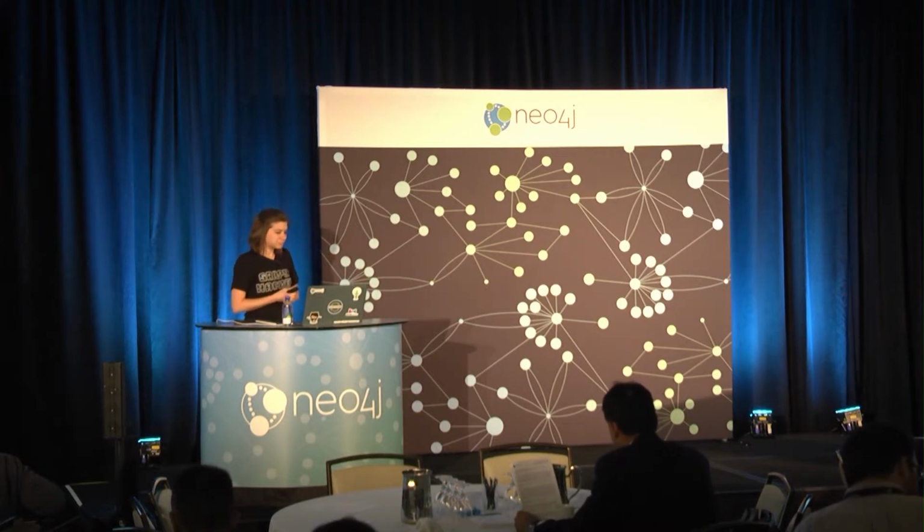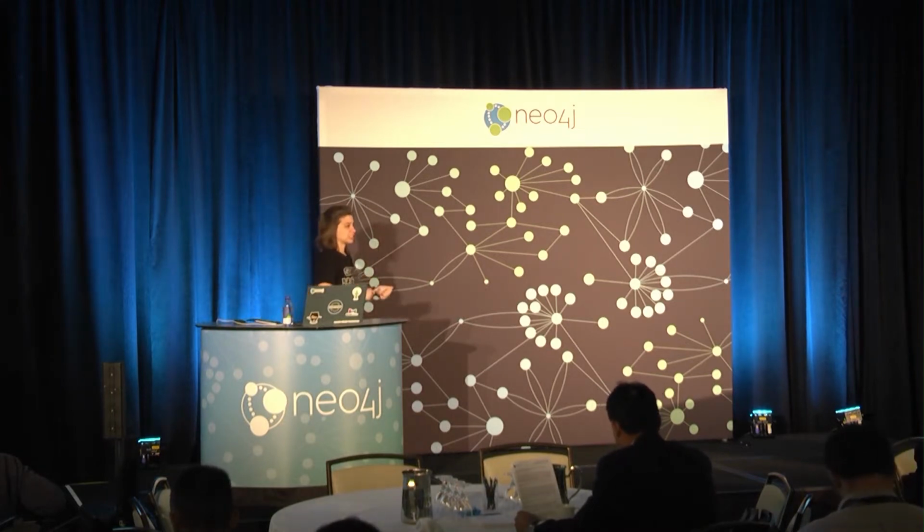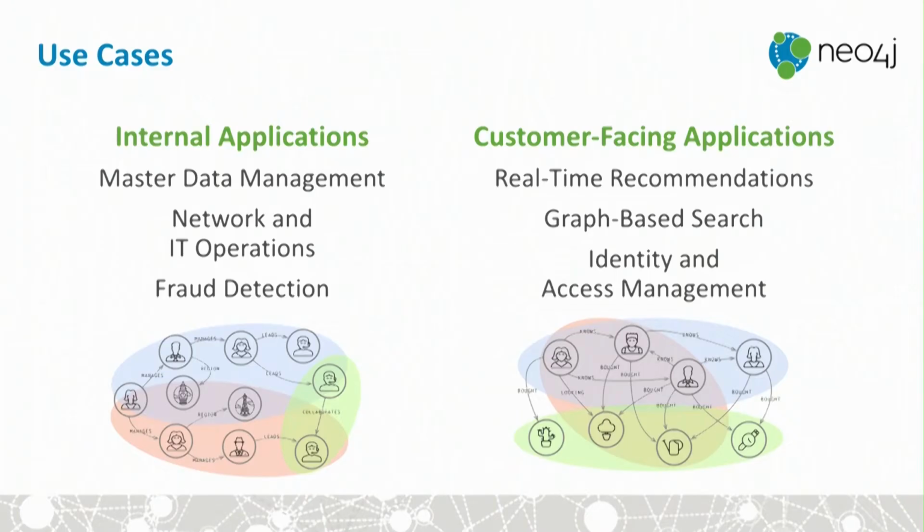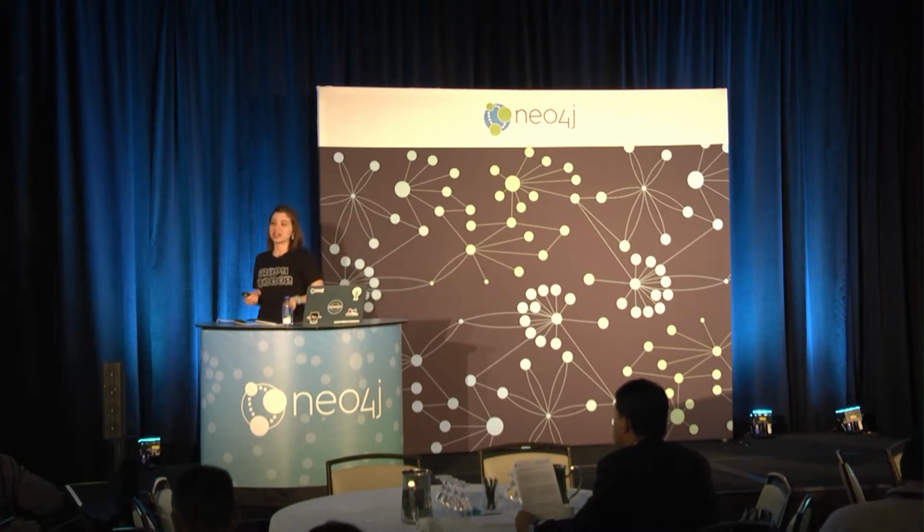We're going to talk more about the fraud detection example in this session today, so I won't dive into that too deeply just yet. Real-time recommendations based on a user's history or what they're connected to in the graph: what can I recommend to them for products or services? Graph-based search: how can I give the most relevant, detailed information for something a user searches, based on what they're connected to and the history behind that? And identity and access management: I have users that have access to resources. Why do they have that access? What are they connected to that grants them certain roles and privileges?